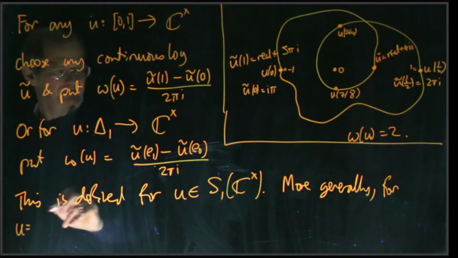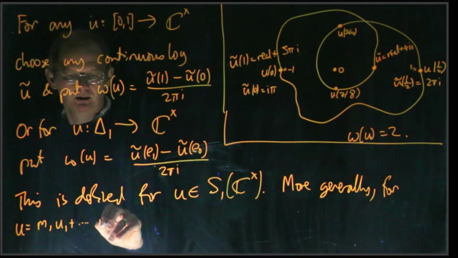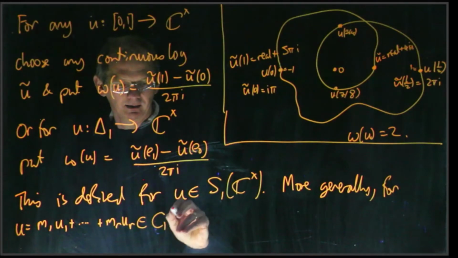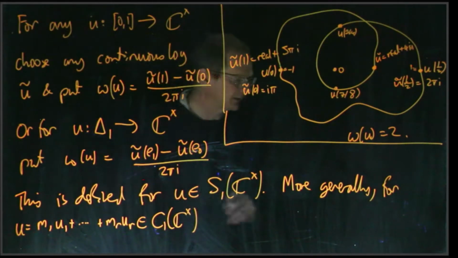So we could instead have a chain, M1U1 plus up to MRUR, be a one chain in the non-zero complex numbers.